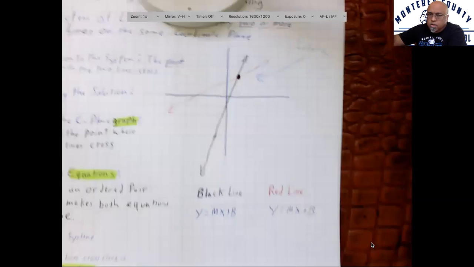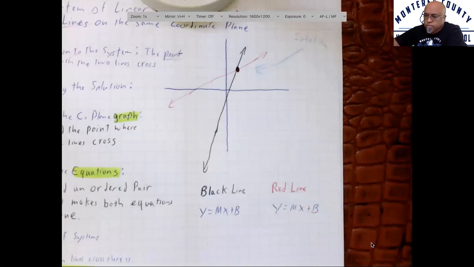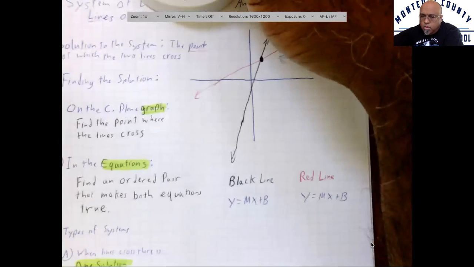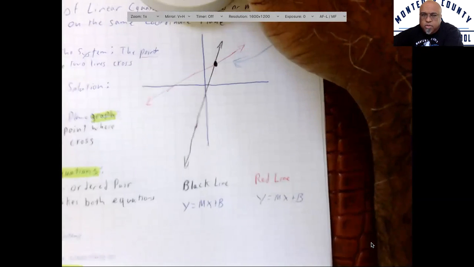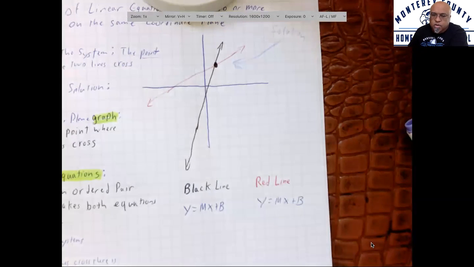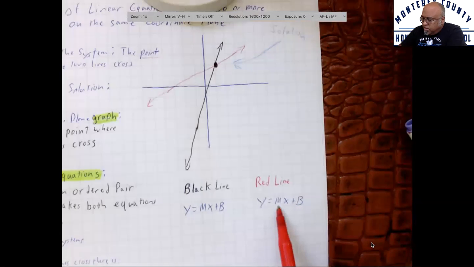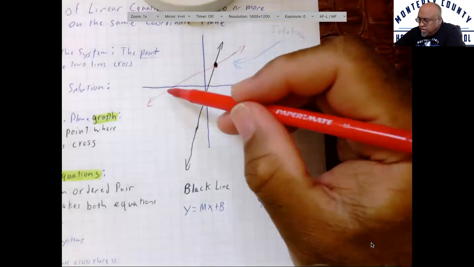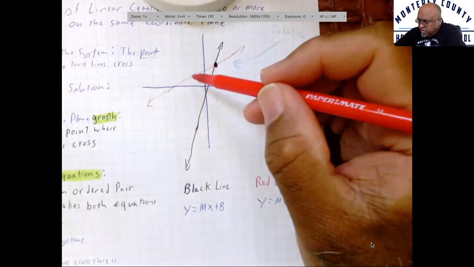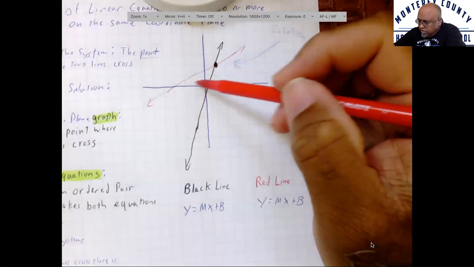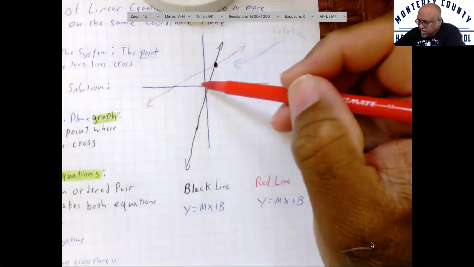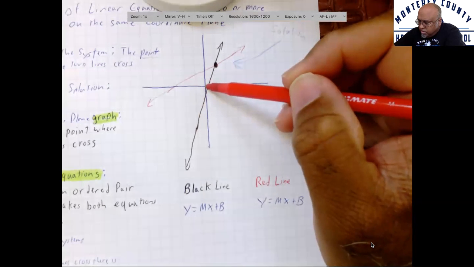Okay. So following along with the slope-intercept form, I'm sorry, I'm just trying to find the best position here. Starting with slope-intercept form, we want to find the slope and the y-intercept. So let's take a look at the red line here and see if we can figure those out. Okay, so I'm going to start with the y-intercept.